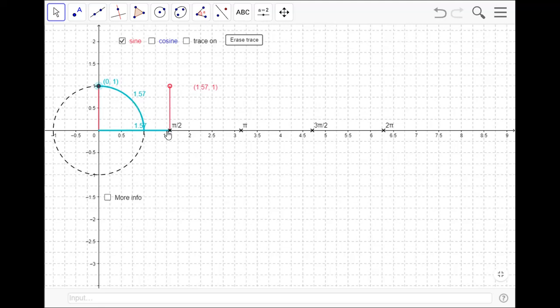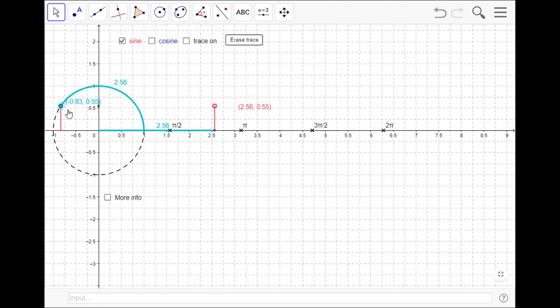And when x is equal to pi by 2, what is sin x? Sin x is equal to 1. If you further increase the value of x, that is the angle, the sine function decreases, and it will be like this.